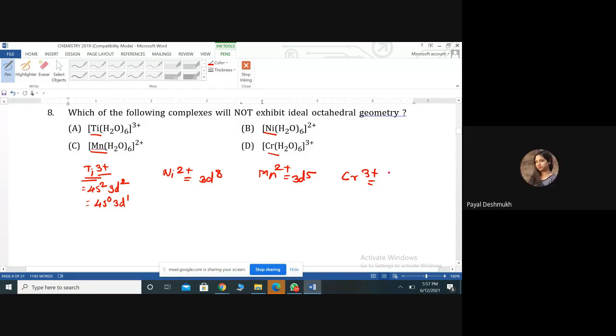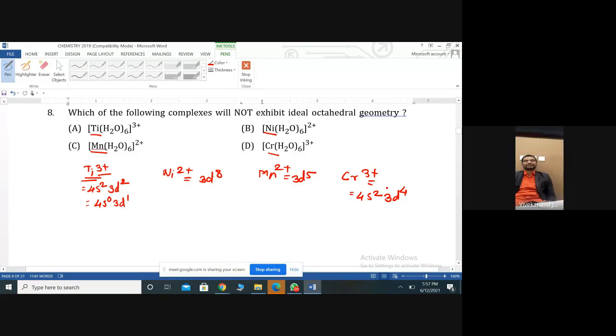3d4? Is it 3d4? Yes, 3d3. How many electrons are present in your ground state? If you do not remember the series, K, T, Vakra, Me, Fe, Ko, Ni, Ka, Z, Sk for scandium.